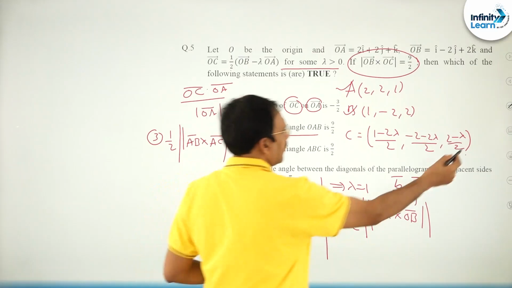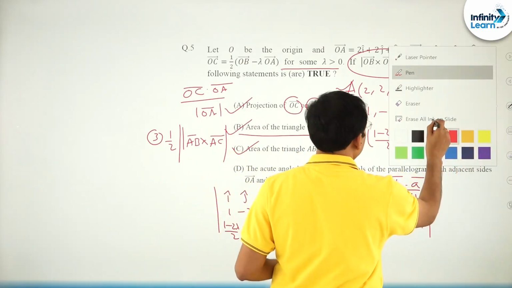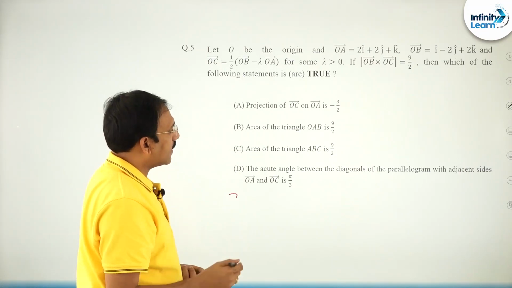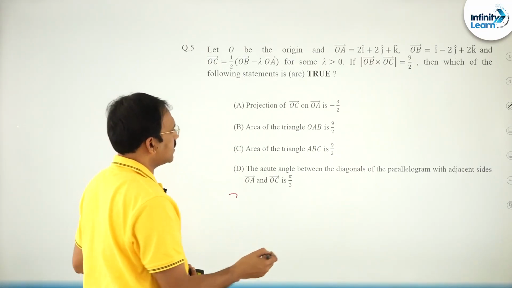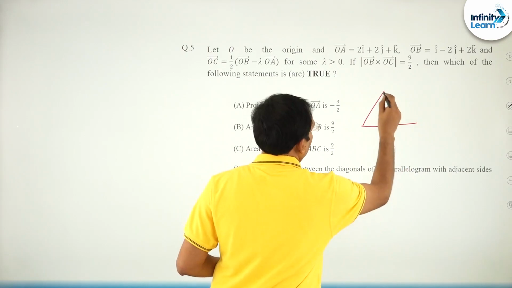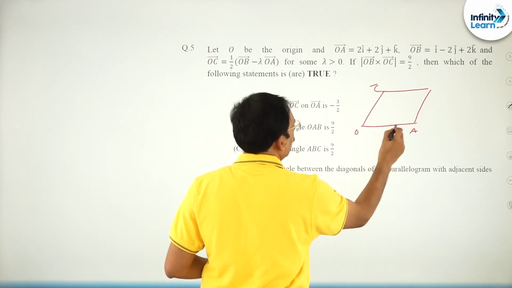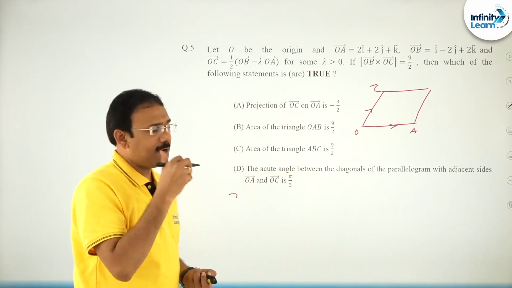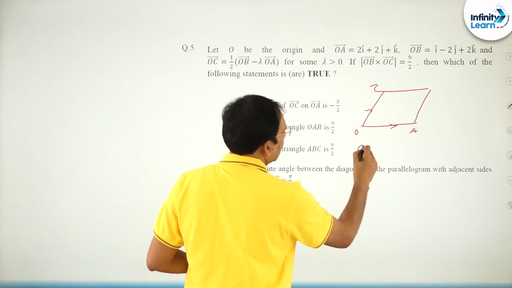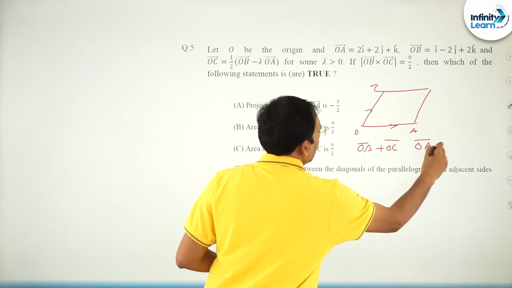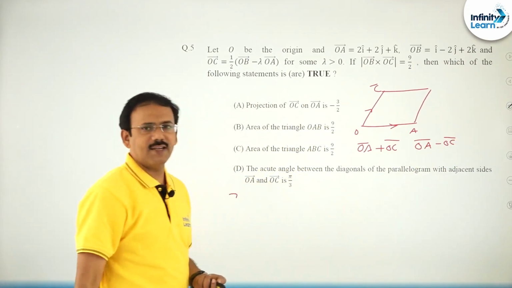And finally my dear friends, the fourth option, the acute angle between the diagonals of the parallelogram with adjacent sides OA bar and OC bar. You know both the things. So what can be the diagonals, friends? One diagonal is OA bar plus OC bar, other diagonal is OA bar minus OC bar, right?